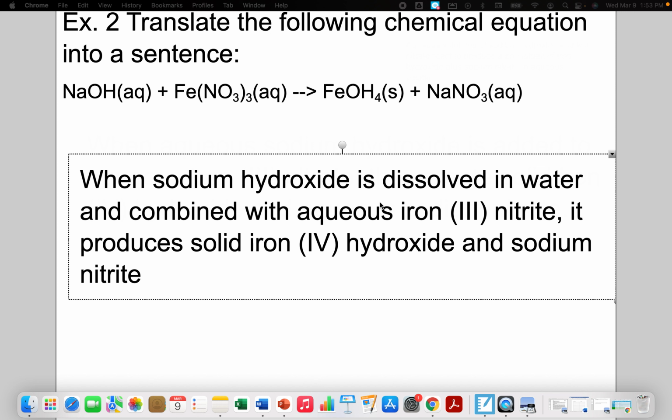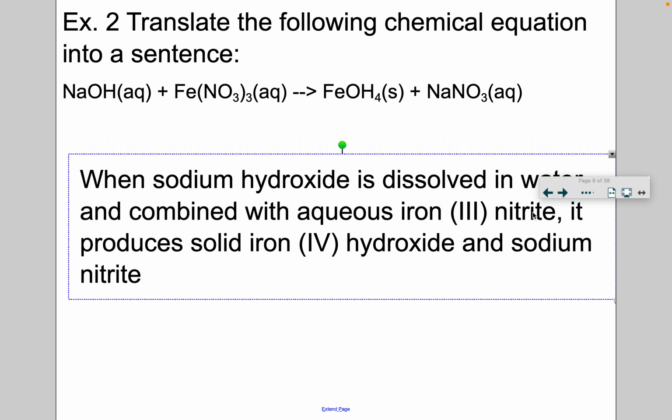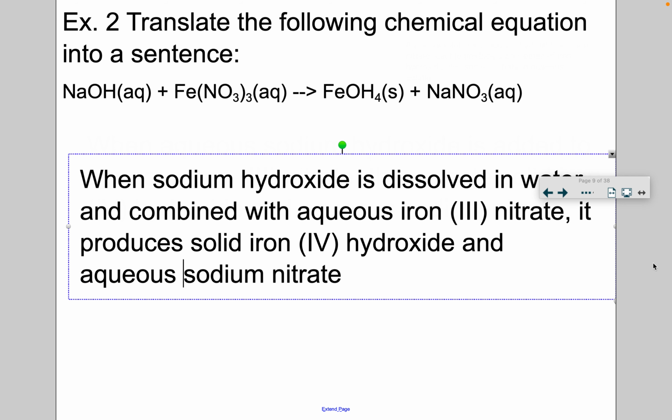Nitrite is NO2, so it's not nitrite. It is nitrate. Okay. See, good thing I double checked. Nitrate. Sodium nitrate. Okay. And what's the state of sodium nitrate? Aqueous. Aqueous sodium nitrate. Cool.